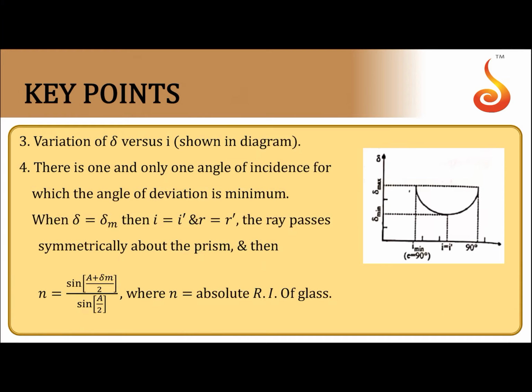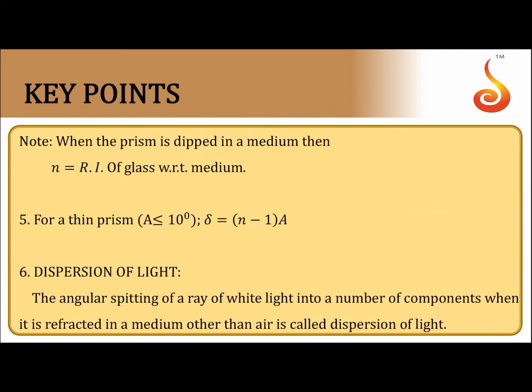Based on this, the refractive index of the material of the prism is given by the formula sin of (A plus delta m) by 2 divided by sin of A by 2. When minimum deviation takes place, the ray travels symmetrically through the prism, and the ray of light inside the prism is parallel to the base of the prism.